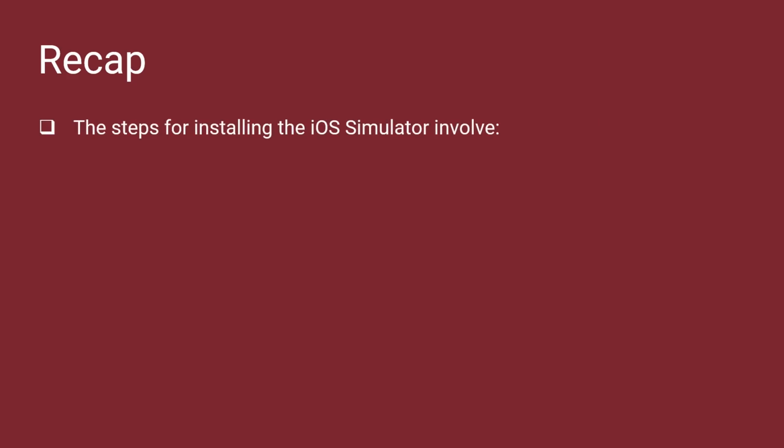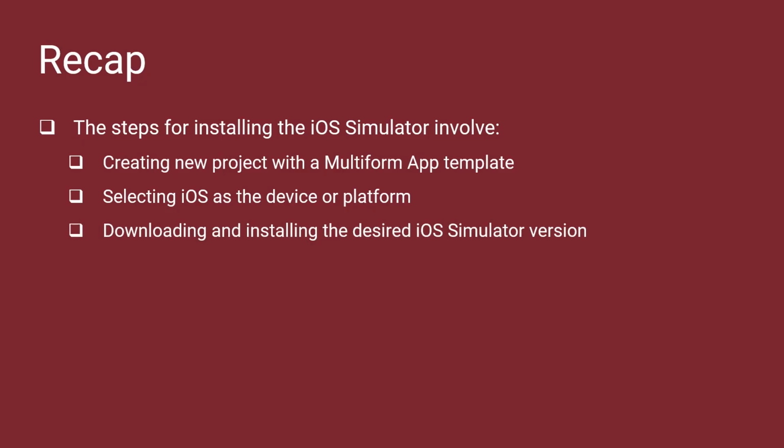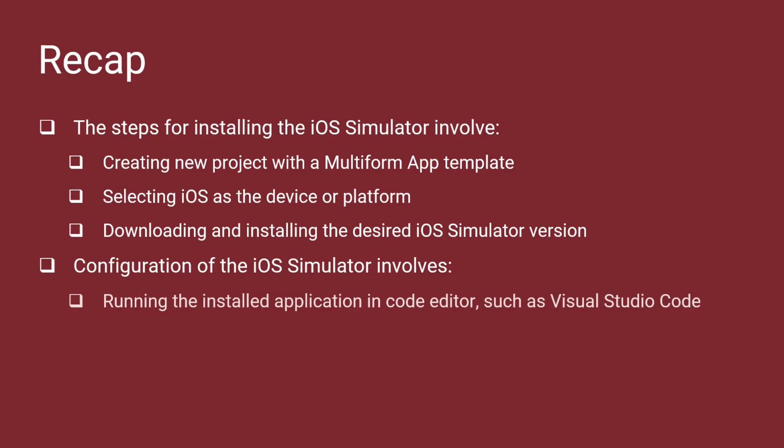The steps for installing and launching the iOS simulator involve creating new project with a multi-form app template, selecting iOS as the device or platform for which you want to install the simulator for, downloading and installing the desired version of the iOS simulator. The configuration of the iOS simulator involves running the installed application in your code editor, such as Visual Studio Code, and specifying commands to open the required application.